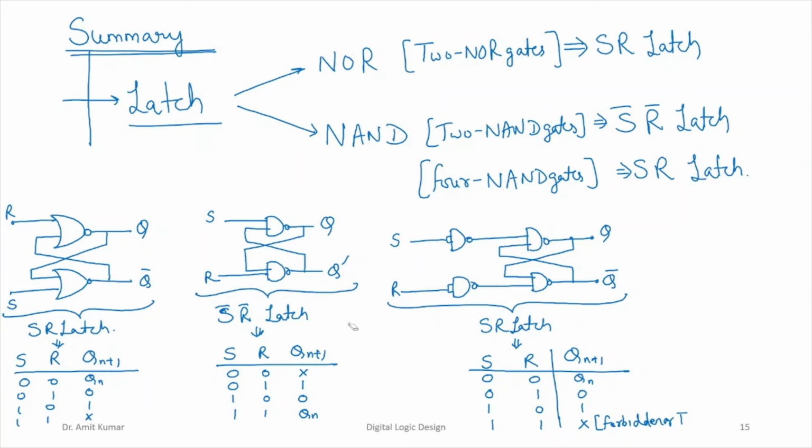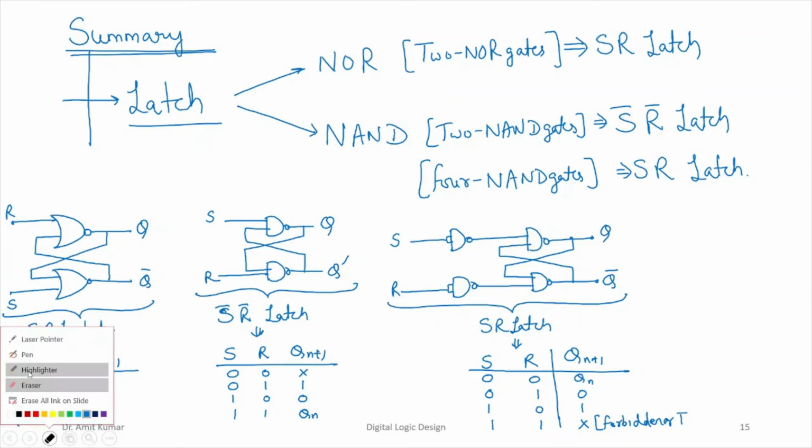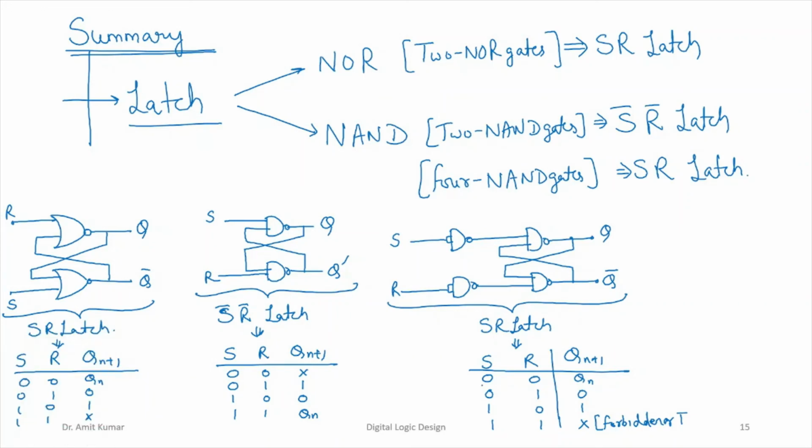So this is going to be the forbidden or indeterminate state. This is going to be the memory or hold state. This is going to be the reset state. This is going to be the set state, right?